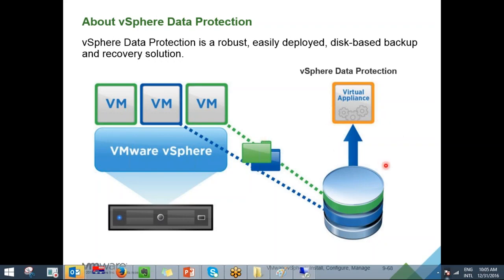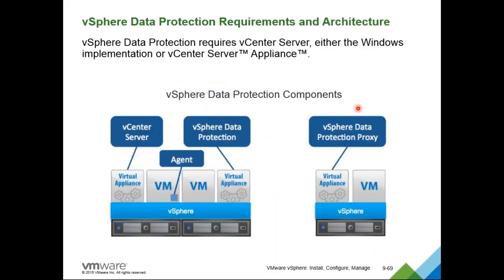For management purposes, you have to allocate one Ethernet adapter, and you have to allocate another Ethernet adapter for the backup and restore process of your virtual machines. A minimum of 1 GB is mandatory. Maximum, it will support 10 gigabit Ethernet. So I'm moving to the next slide.